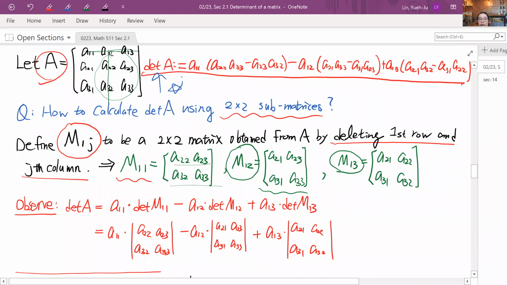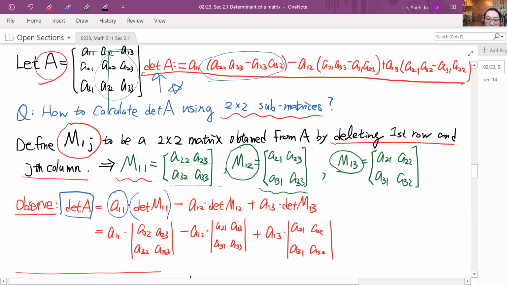If you stare at this formula, you will realize that determinant A is the same as, you factor out this A11 first, and the thing in the parentheses is the determinant of this 2x2 submatrix M11.